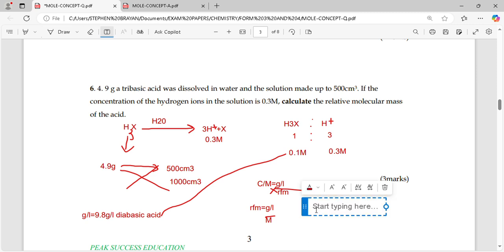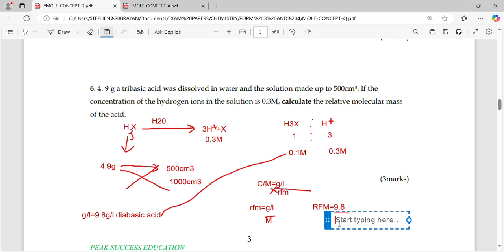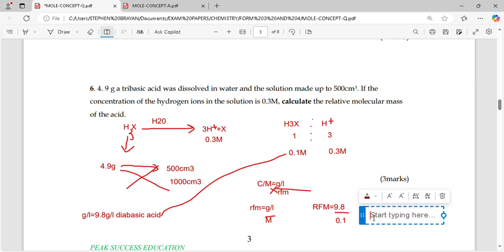In this case, our RFM is going to be equal to our grams per liter, which is 9.8, divided by our molarity, which is 0.1. Then from there you're going to get that your relative molecular mass is going to be equal to 98.